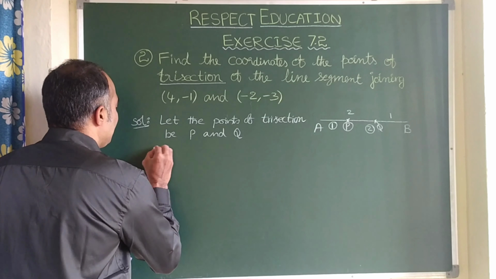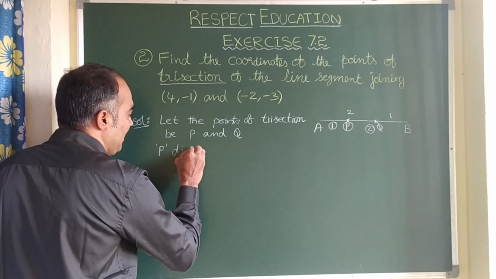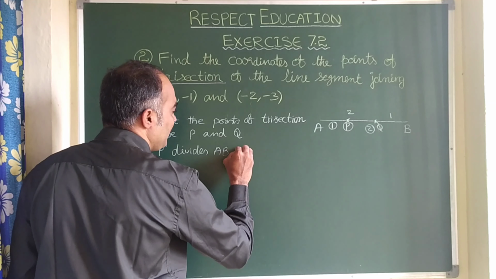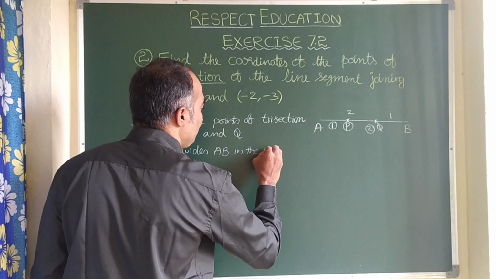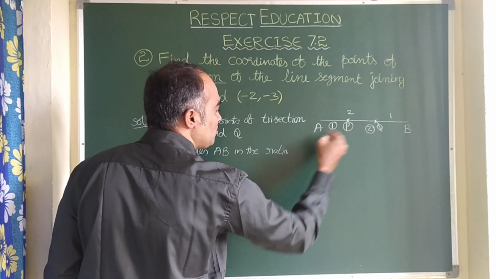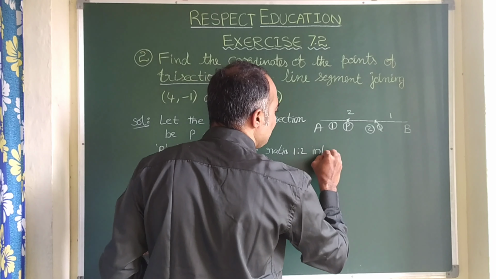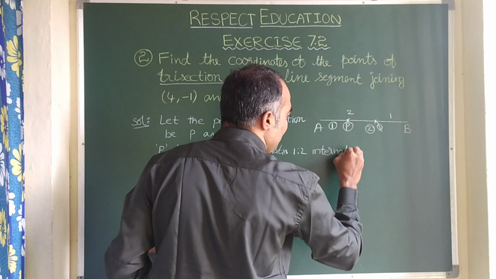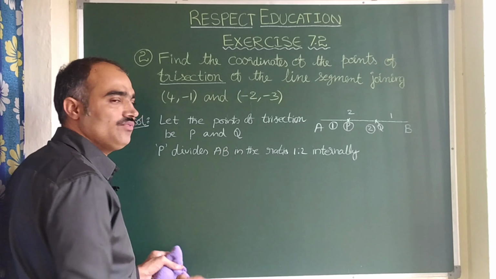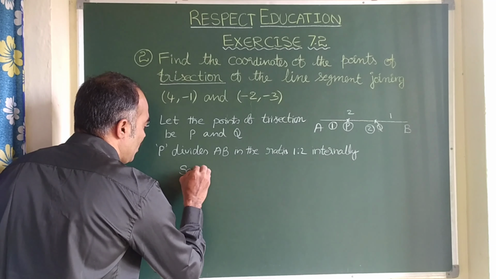That implies P divides AB in the ratio 1:2 internally. So let us write the section formula, then we are going to solve this problem.